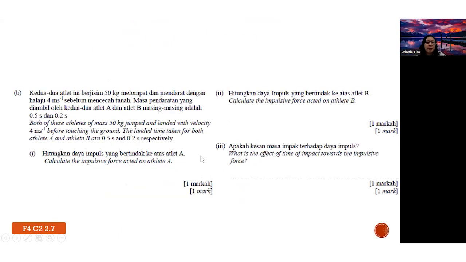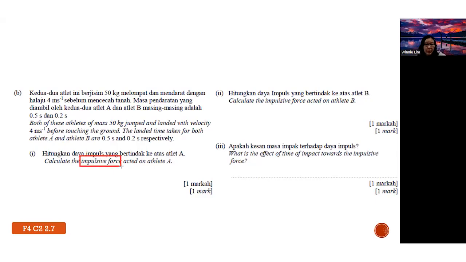Then next, 2.7 is actually the impulse and impulsive force topic. Okay, so now they want you to calculate the impulsive force acting on athlete A and athlete B. Given both athletes have a mass of 50 kg, jumped and landed with a velocity of 4 meters per second before touching the ground, and the landing time taken for both is 0.5 and 0.2 seconds respectively. So again, to solve these questions, you all need to know what impulsive force is.